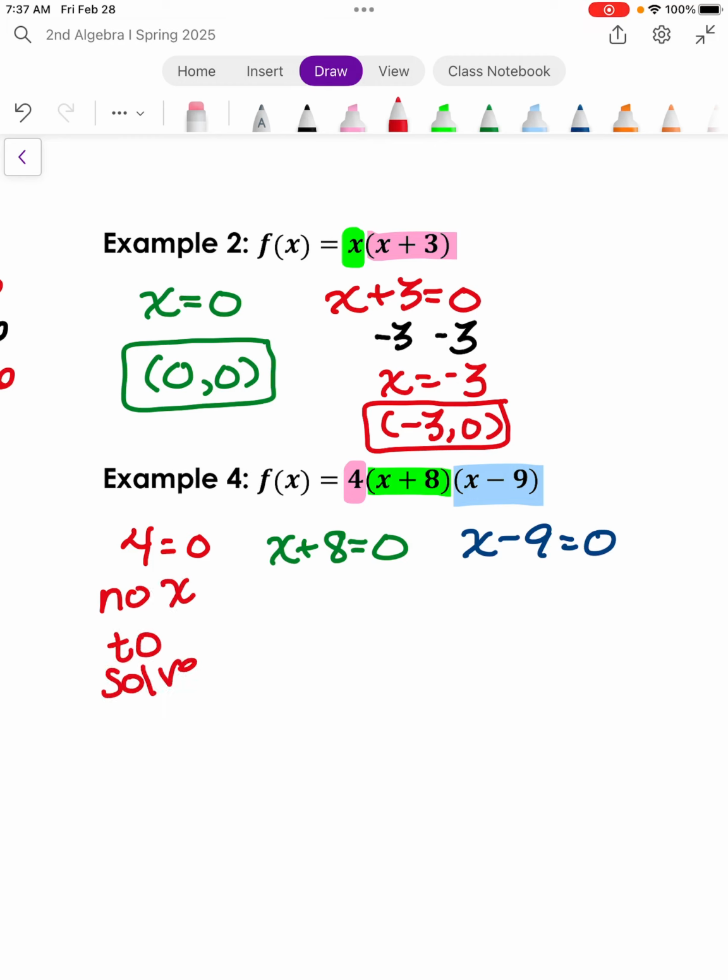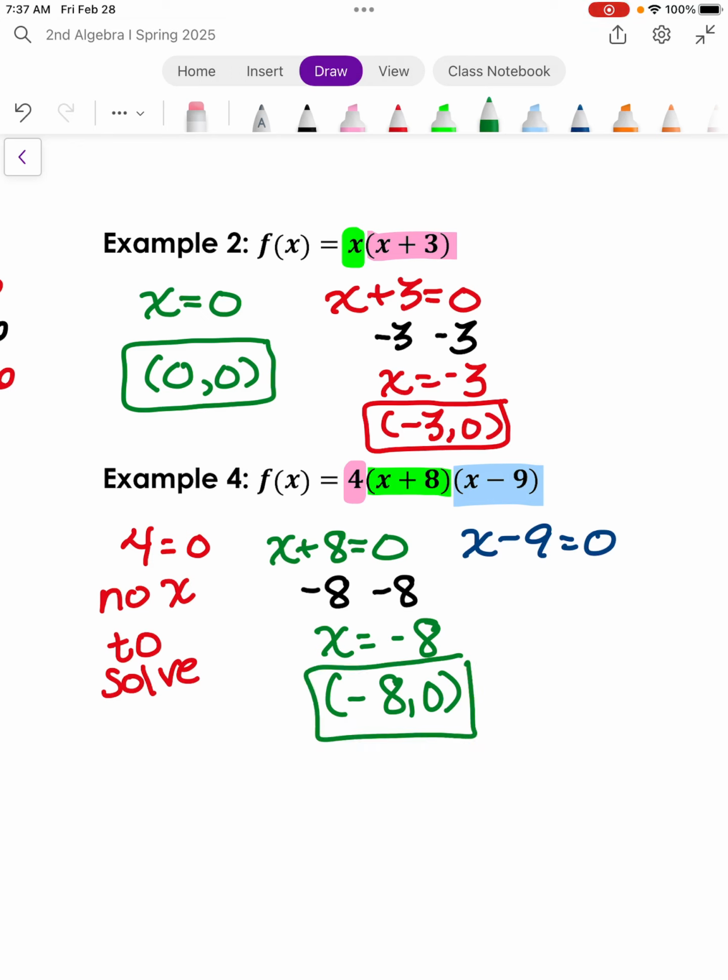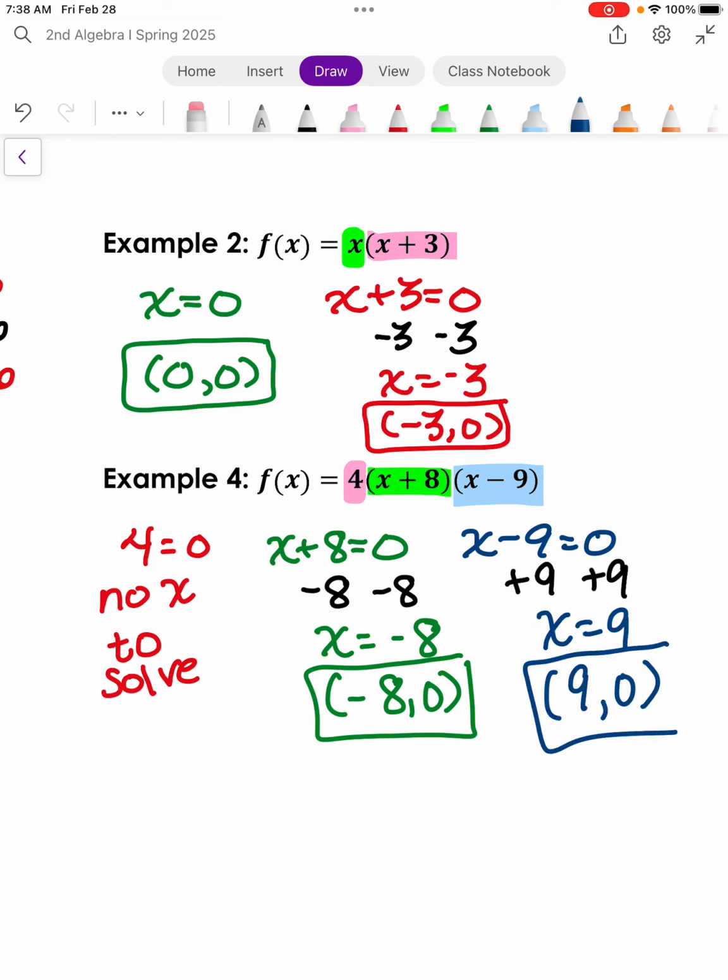So that does not give an x-intercept at all. To solve for x plus 8 equals 0, you're going to subtract 8 from both sides, and I get x is negative 8. So that x-intercept is at negative 8, 0. X minus 9 equals 0, I add 9 to both sides, and x is 9. So that x-intercept is at 9, 0.